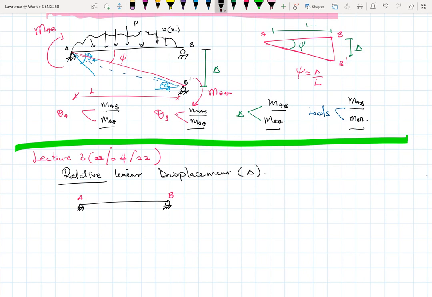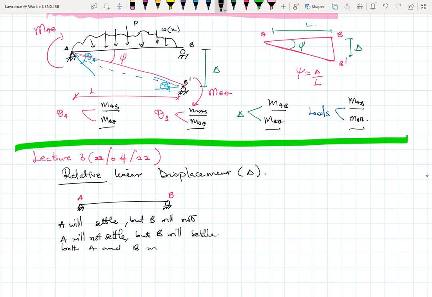Maybe, let's say support A will settle, but B will not. Okay. Assuming we are looking at just settlement. Or in some cases, support A will not settle, but B will settle. Or both A and B will settle, or will have the same settlement. Let me just use the word same settlement.